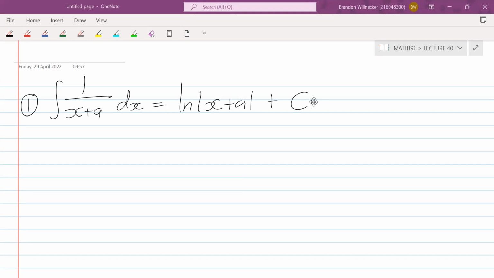Okay, so number 2, if you're dealing with the quadratic terms, these are important to know. So we have the integral of 1 over x squared minus a squared.